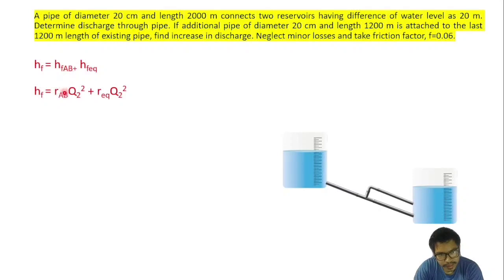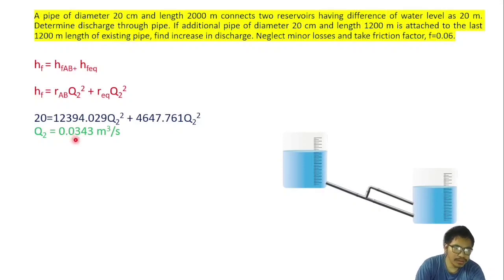Head loss is given by R Q square, and equivalent head loss is given by R equivalent Q square. Q2 is the discharge in this second case. So the head loss is given in the question, that is 20 meter. RAB and R equivalent we have calculated. So from here Q2 is 0.0343 meter cube per second.